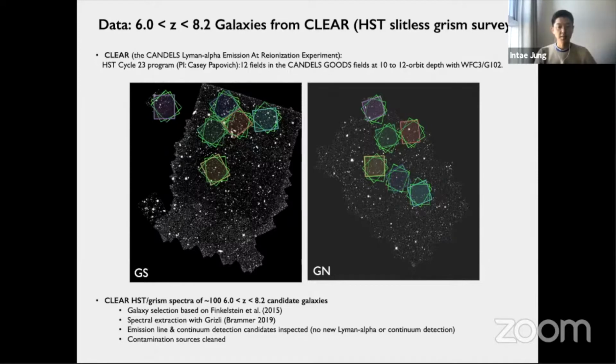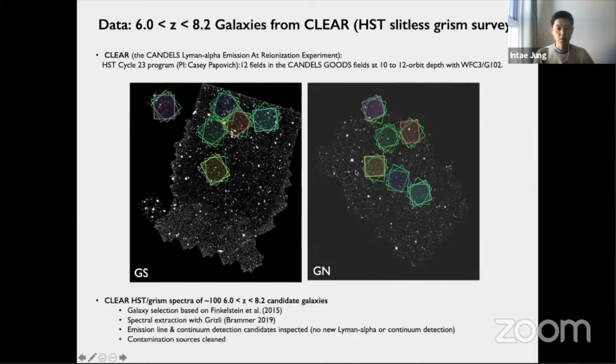CLEAR, the CANDELS Lyman-alpha Emission at Reionization experiment, is the cycle 23 HST observing program. The PI is Casey Papovich at Texas A&M, and CLEAR observes 12 fields in the CANDELS GOODS fields, as shown in these figures, to 10 to 12 orbit depths with the G102 grism and the HST WFC3 camera.